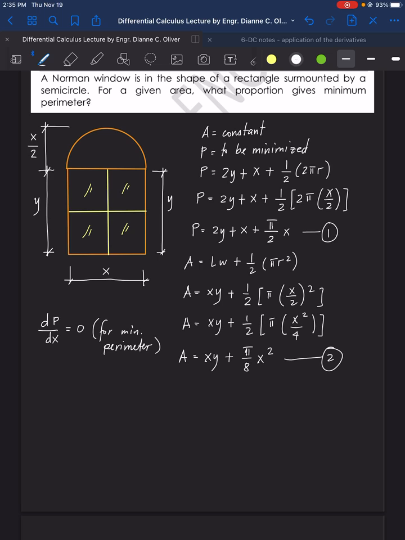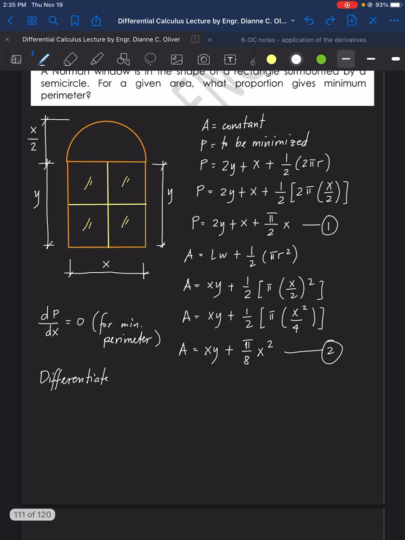Next step is to differentiate equations 1 and 2. So differentiate equation 1.